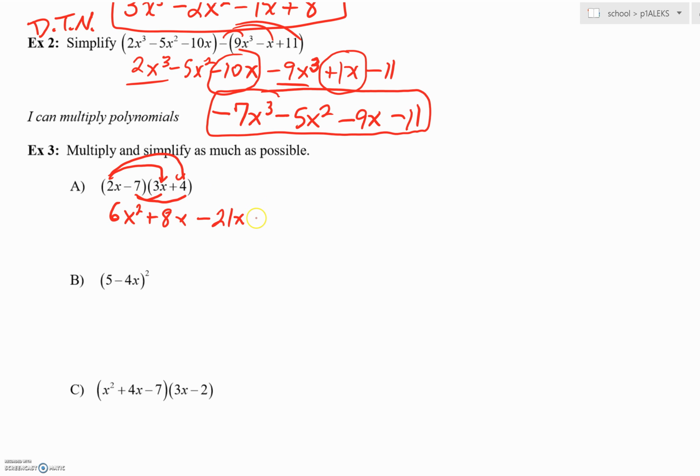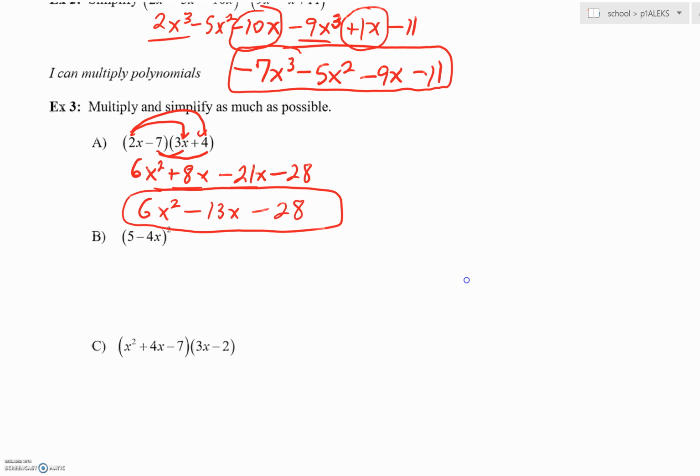And minus 7 times 4 is a negative 28. At this point, put your like terms together. And an 8x minus 21x, you could quickly confirm, is going to be a minus 13x. And you can always use a calculator if you struggle with adding signed numbers.